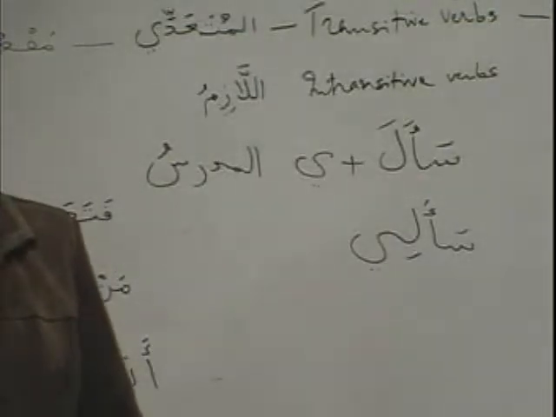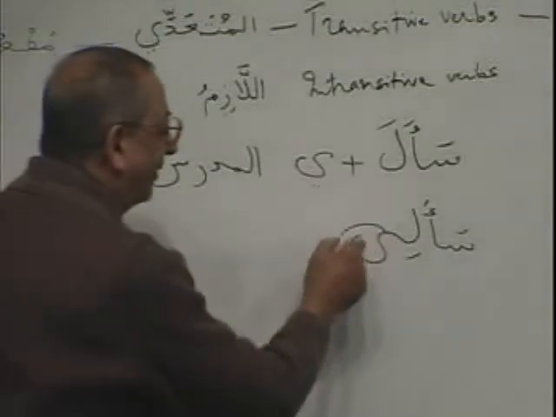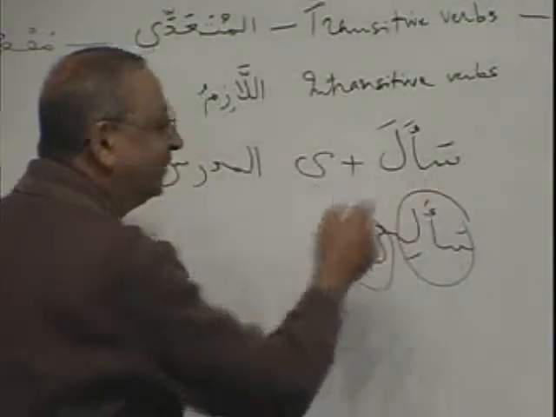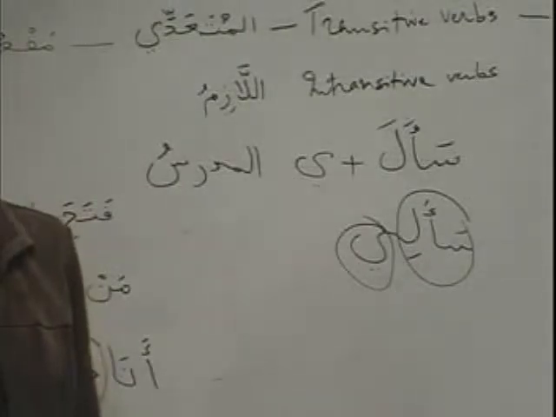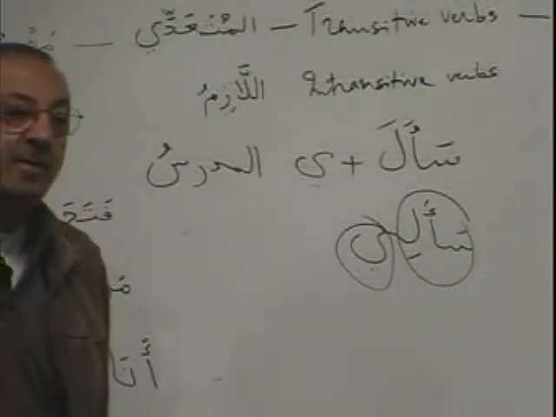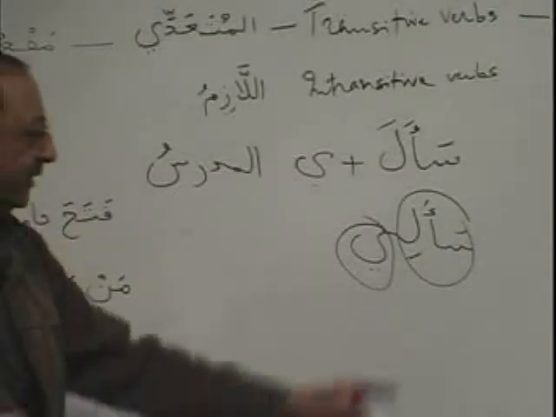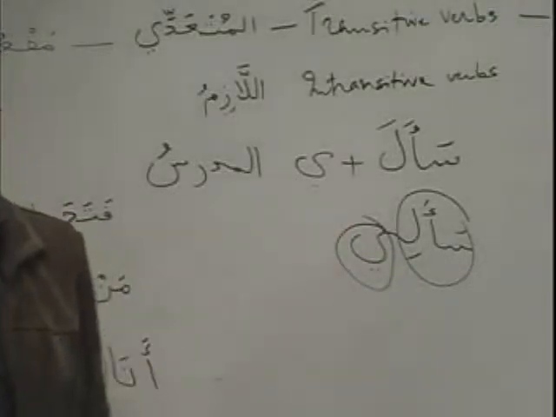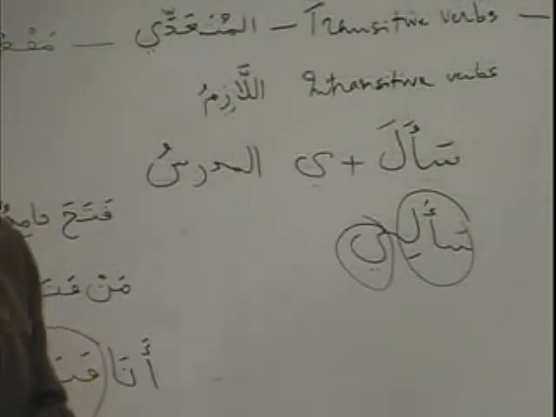Now brother, there is no such verb. This is your mafulun bihi. How can this be a verb? No way. Okay? Now we have to protect this verb from being destroyed. Now this verb is destroyed. It's ruined. So then, this is what we bring, brother.